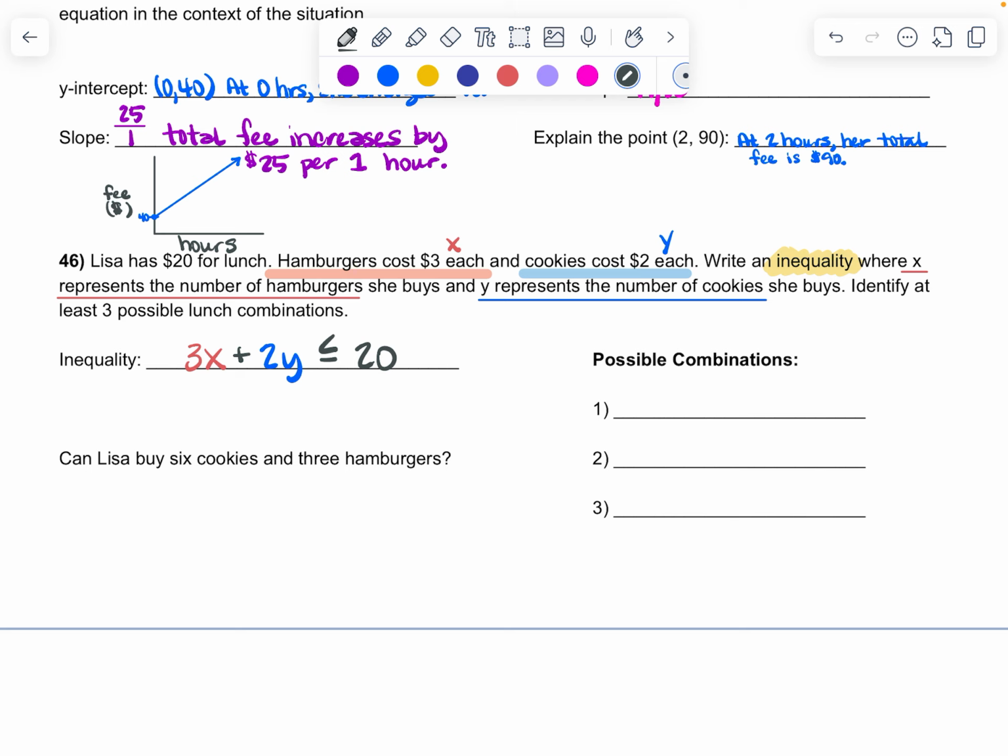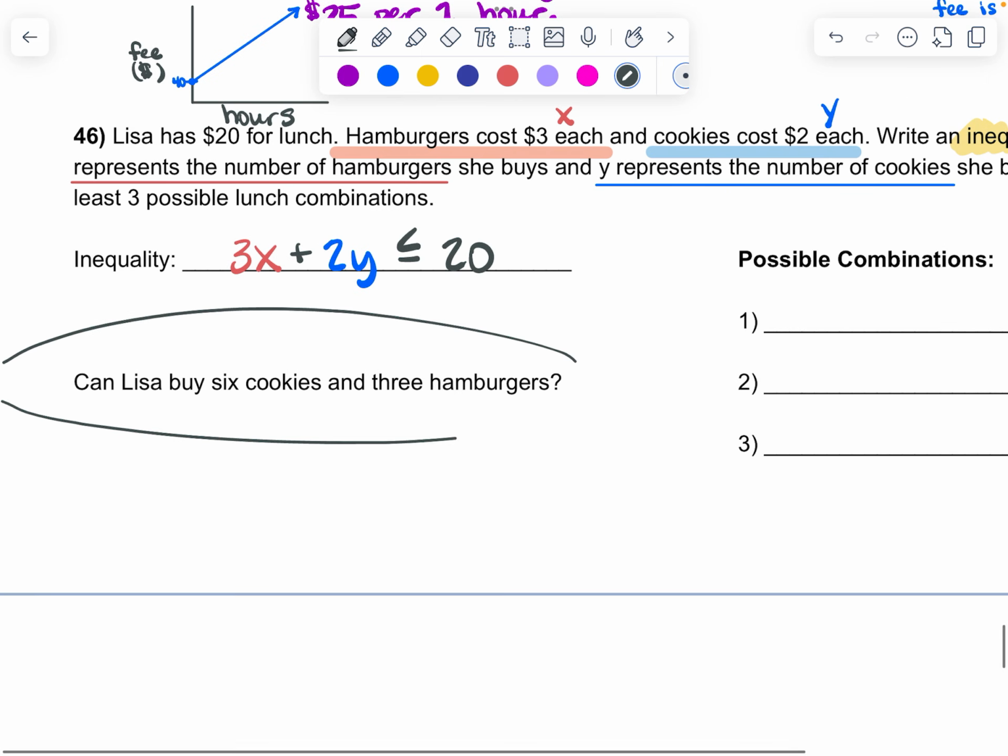Okay? So we did this in class, if you remember, with the shirts and dresses situation, right? So we basically want to run through the gamut and see what combinations of cookies and hamburgers she can buy.